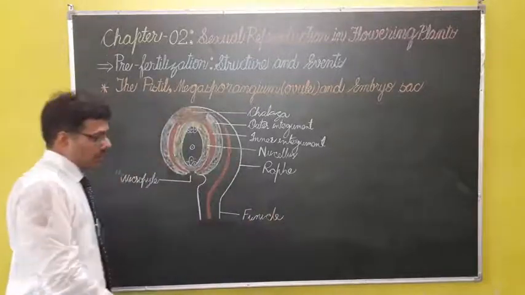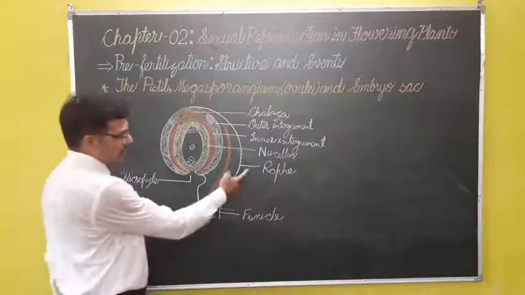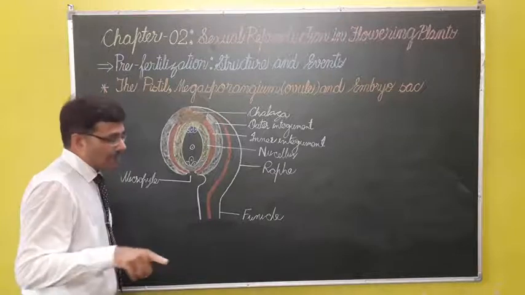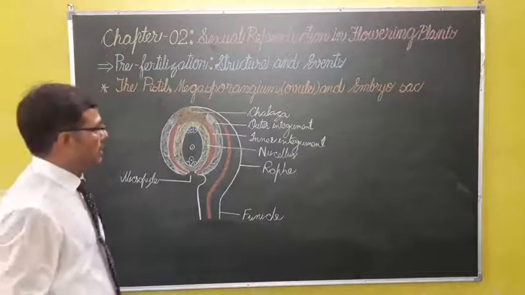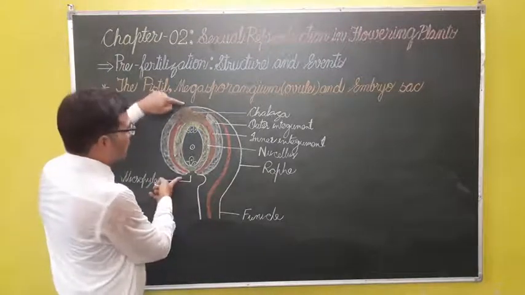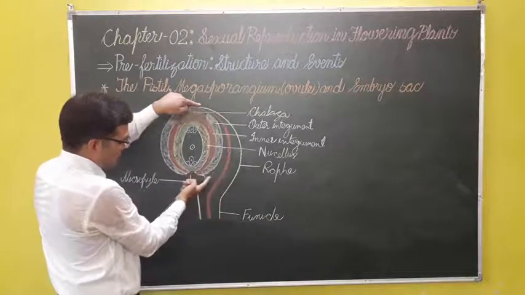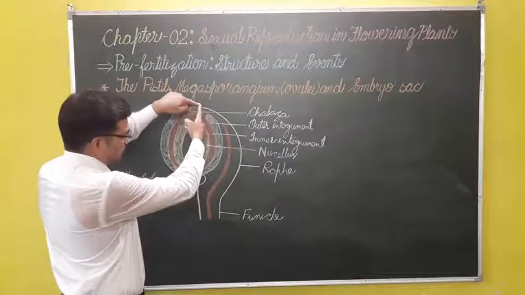Students, pay attention. Actually, raphe is not different from the funicle. It is the funicle, but it is that part of the funicle which is attached with the body of the ovule, from here to this pole.